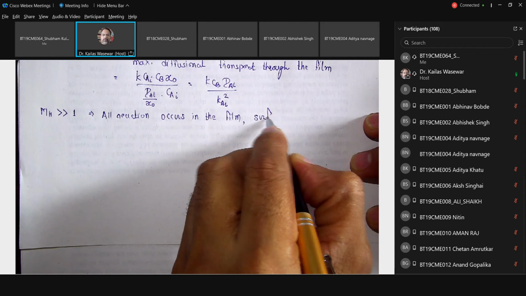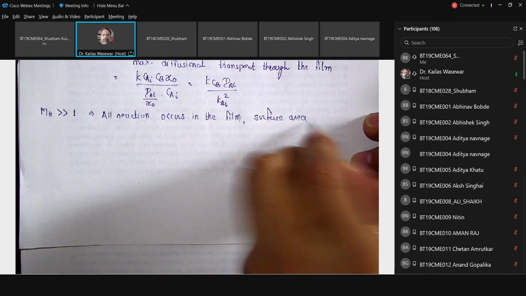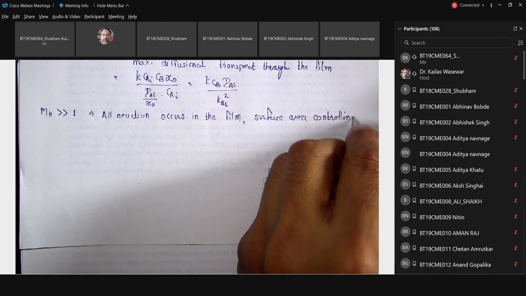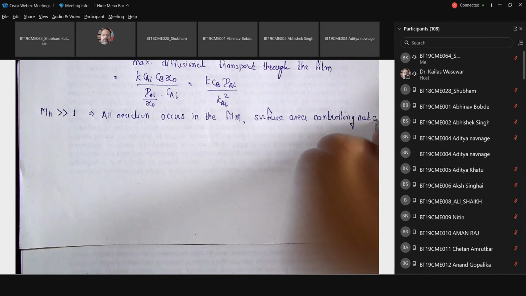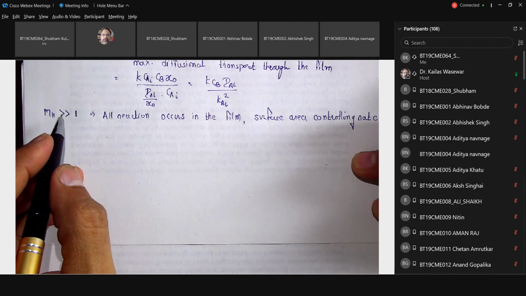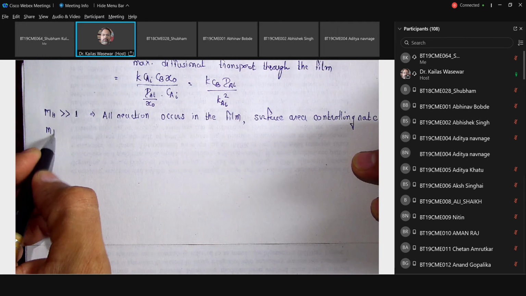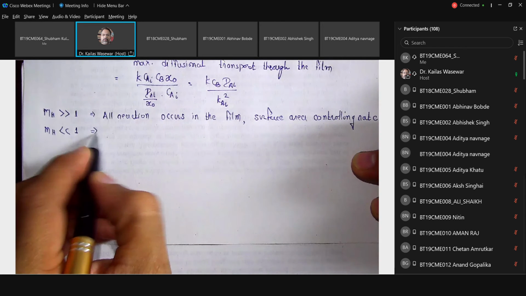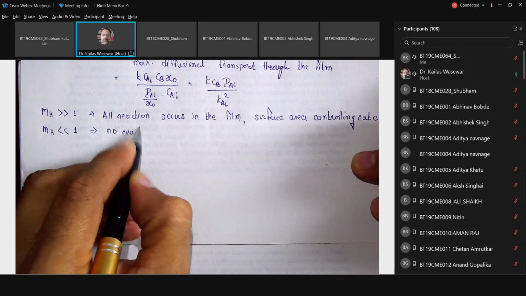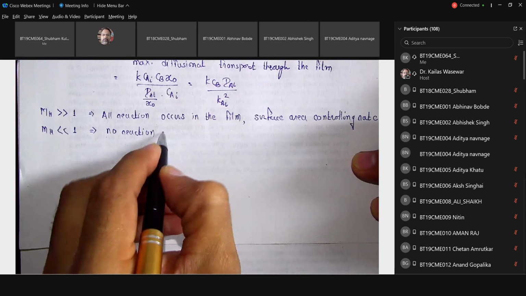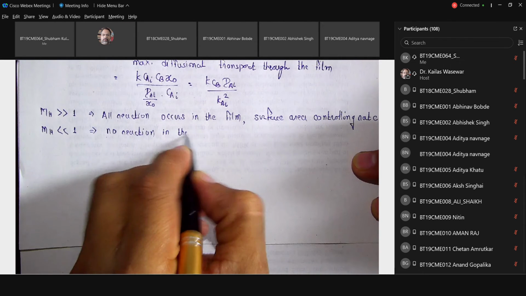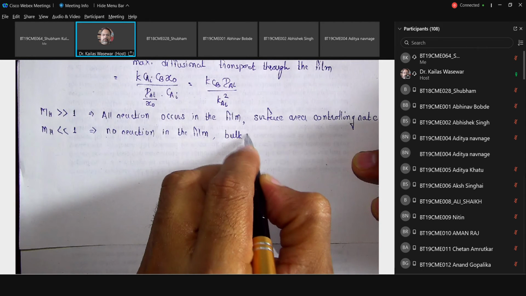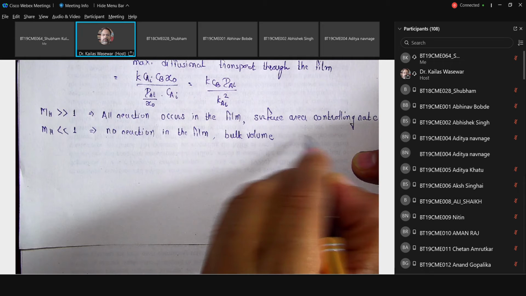Remember here, surface area will control the rate. Then if MH is less than 1, there is no reaction in the film. In such cases, bulk volume is the controlling factor.